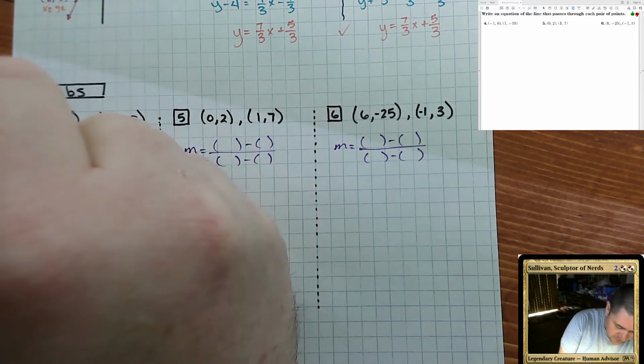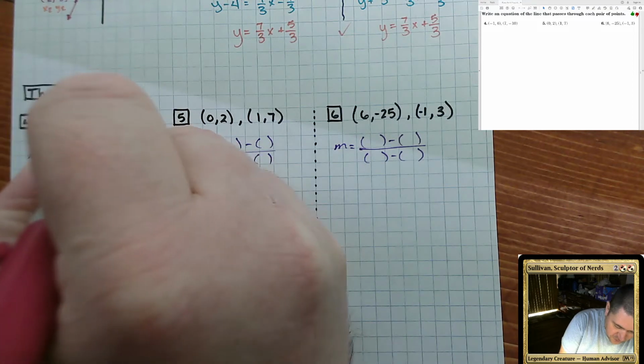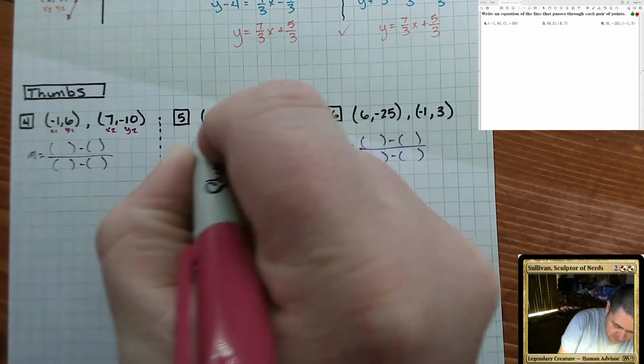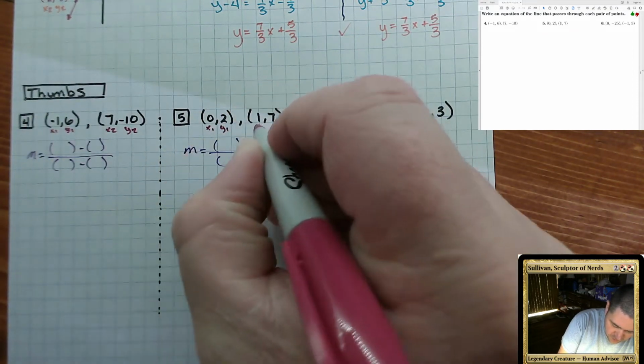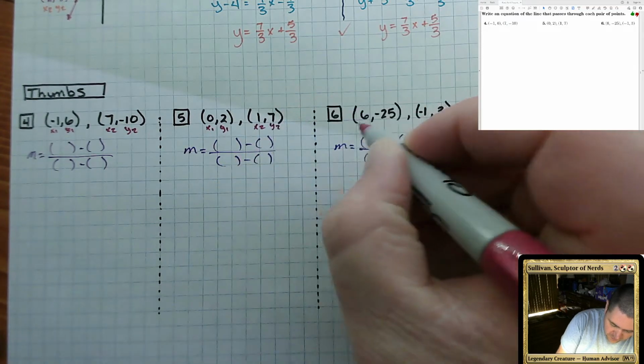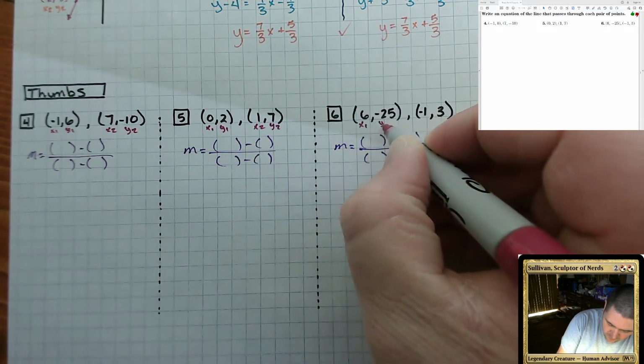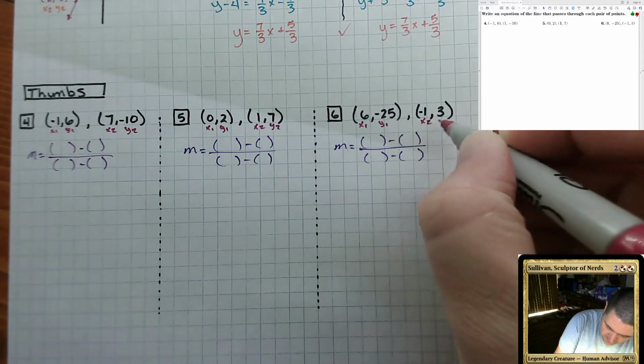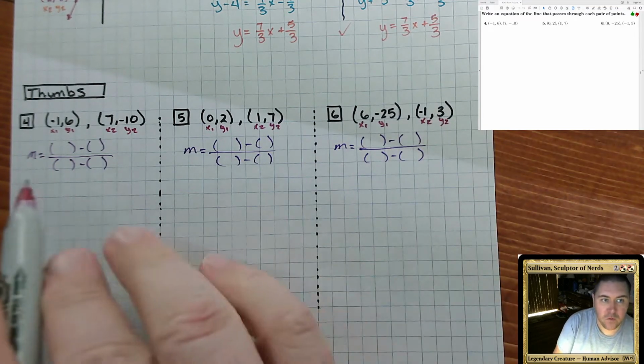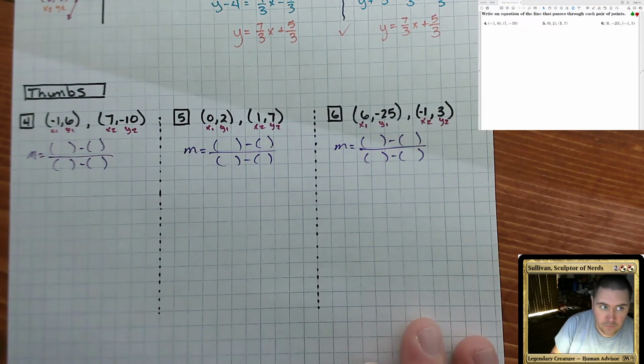I'm going to put in x sub 1, y sub 1, x sub 2, y sub 2 for each. Okay, so labeled all my stuff, in they go.